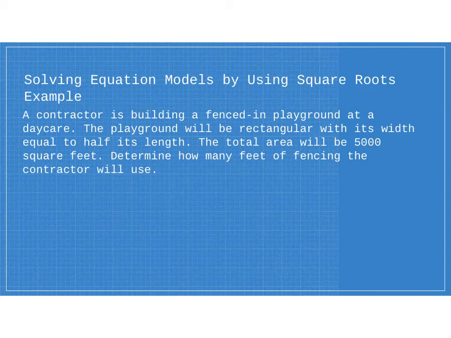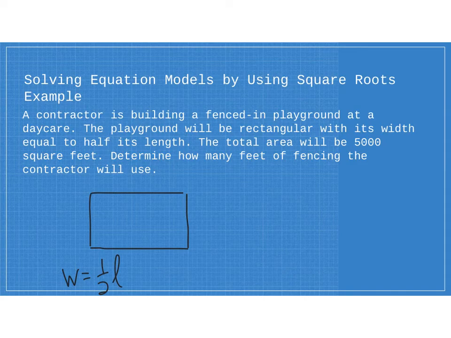So we know that we have a rectangle, and in that rectangle we know that the width is equal to half the length. So our width is equal to 1/2 the length.